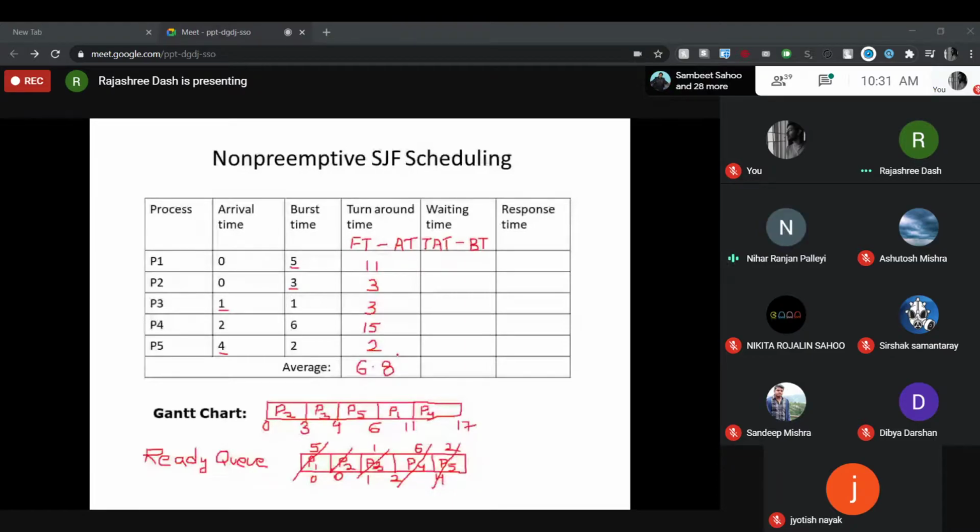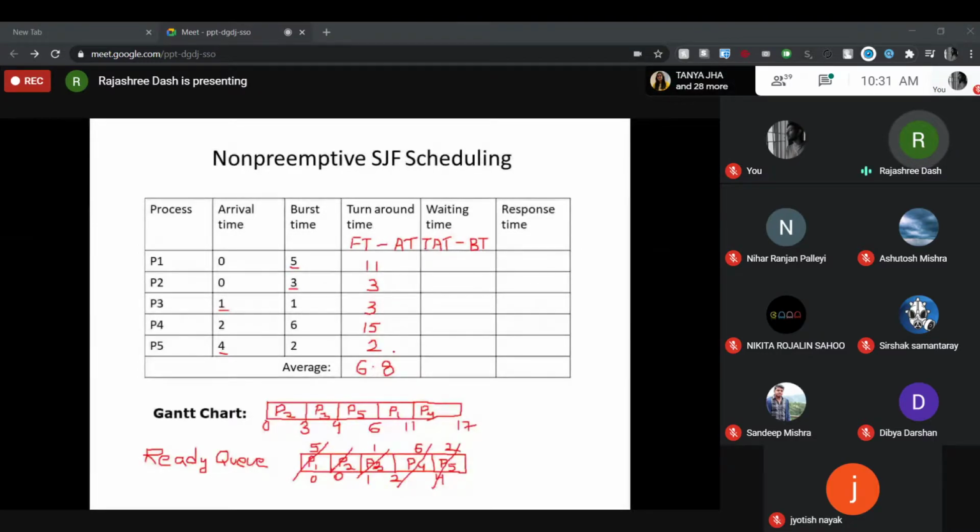Ma'am, it was 9.4. Yes, it was 9.4 and now it is 6.8. So it is clear that this algorithm is providing a better result compared to first come first serve scheduling.